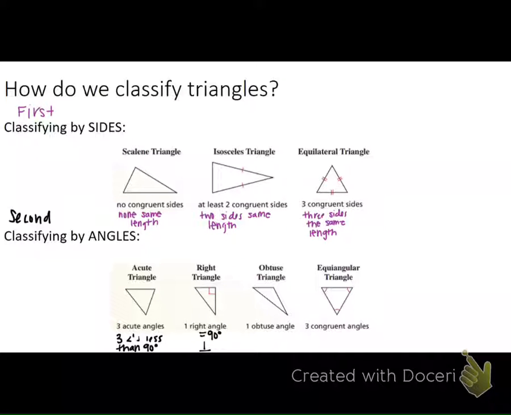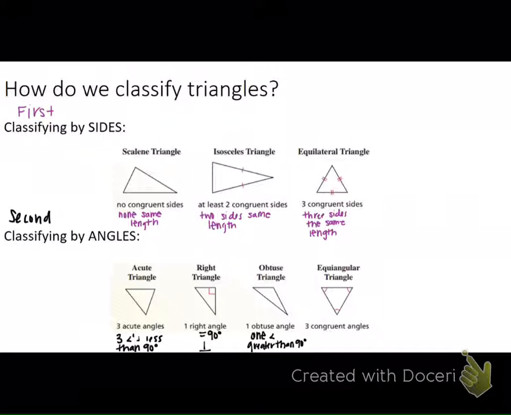Think perpendicular. One obtuse angle means one angle greater than 90 degrees. And then three congruent angles means three angles of the same measure.